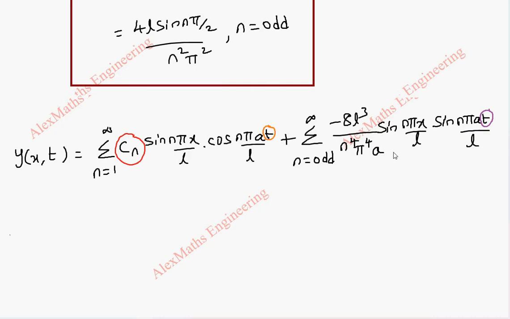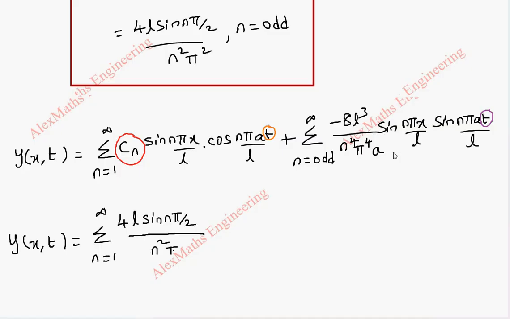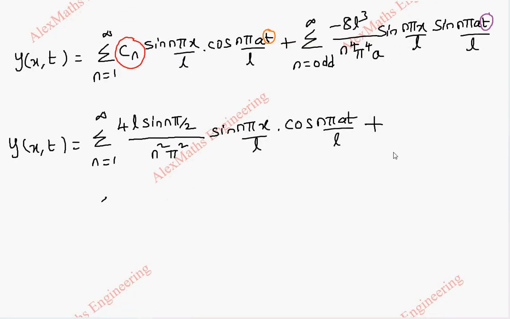So now y of x comma t will be summation n is from 1 to infinity 4L sin n pi by 2 by n square pi square, then sin n pi x by L into cos n pi at by L, plus coming to the second term we have summation.